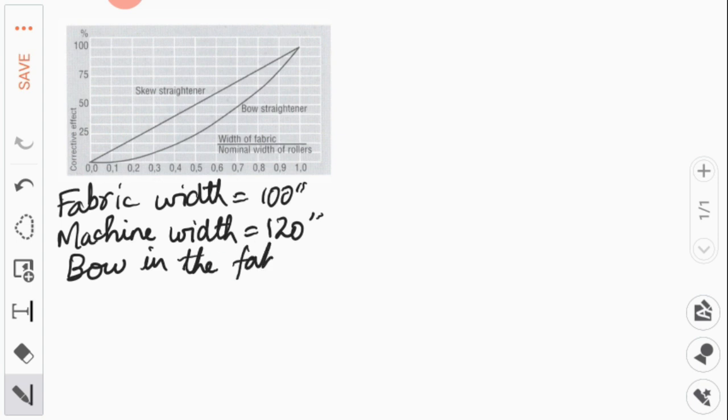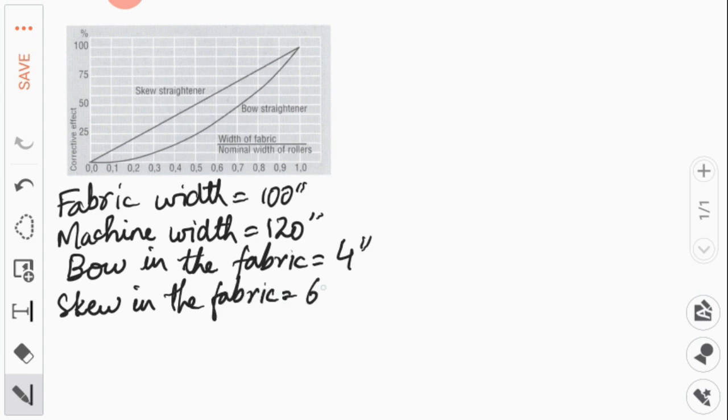Let's assume further that the bow in the fabric is detected by the sensors and it's calculated to be 4 inches, while the skew in the fabric is found to be, let's say, 6 inches.